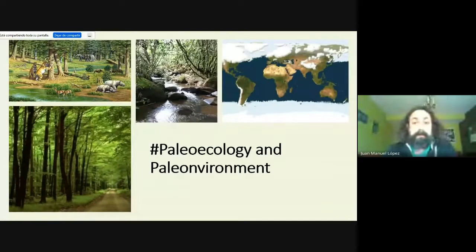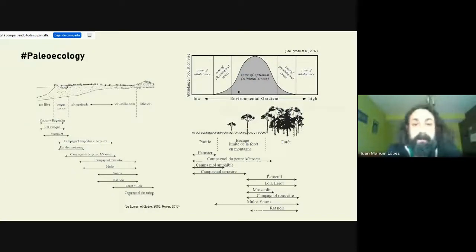Another point of view is paleoecology and paleoenvironment. It's only a little scheme that a colleague made about different kinds of rodents that lived here. They are very specific; some species like hamsters or Microtus or other types of voles or also dormice need environmental and climatic requirements very specific to live.